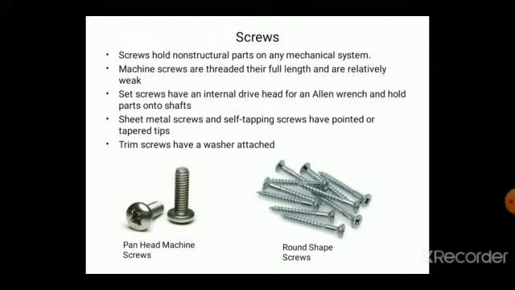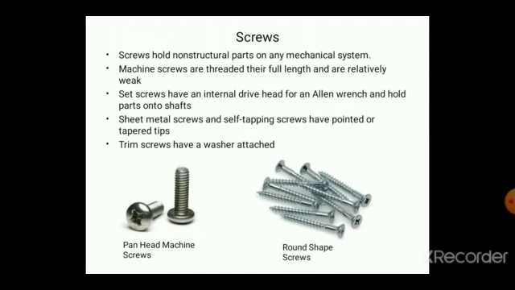As compared to bolts, these are relatively weak components. Set screws have an internal drive head for an Allen wrench and hold parts onto shafts. You require an Allen wrench type of arrangement to fasten them. Some automatic machines are also there, which can fit the screw inside the wall portion or some non-structural parts.